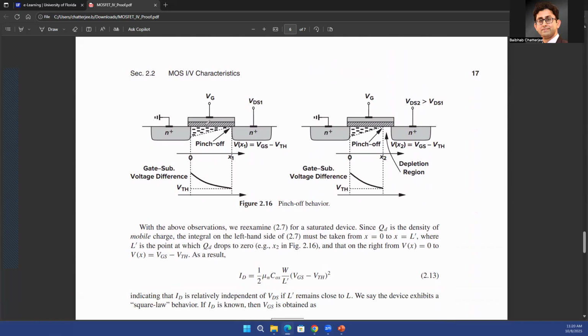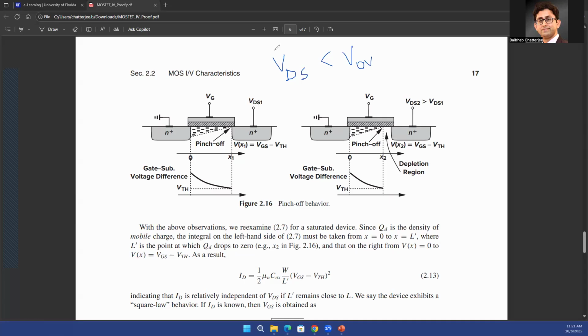We saw that if your drain to source voltage is lower than V overdrive, then VDS is small, and the previous equations that we found are valid. Because remember, the previous equations that we came up with were for a small VDS. Only because it was small VDS, we ignored the VDS squared term.